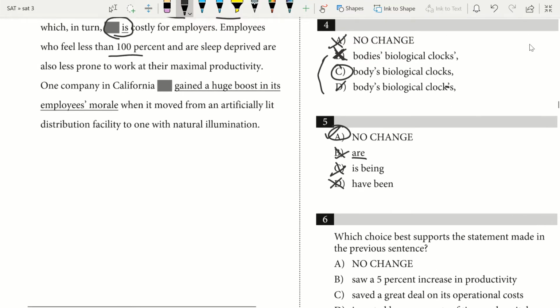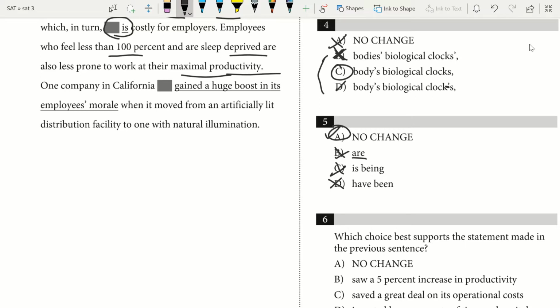Employees who feel less than 100% and are sleep deprived are less prone to work at their maximal productivity. One company in California gained a huge boost in its employees' morale when it moved from an artificially lit distribution facility to one with natural illumination. So we're asked which choice best supports the statement made in the previous sentence.